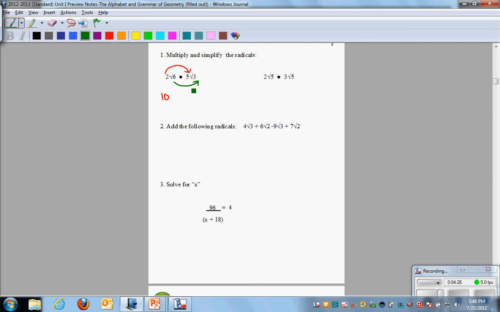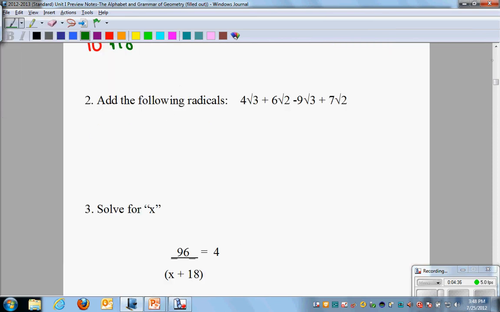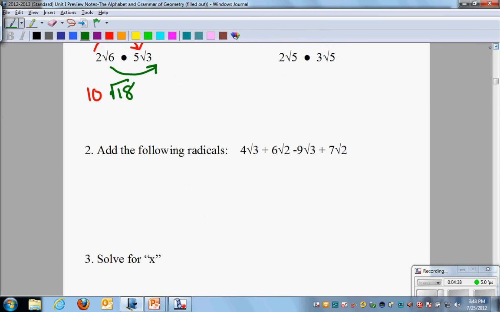And then we have here 5 root 6 times root 3, that's going to be root 18. We can simplify here because we have 10, and this is also going to be root 9 times 2. 9 is a perfect square, so it gets out of jail.